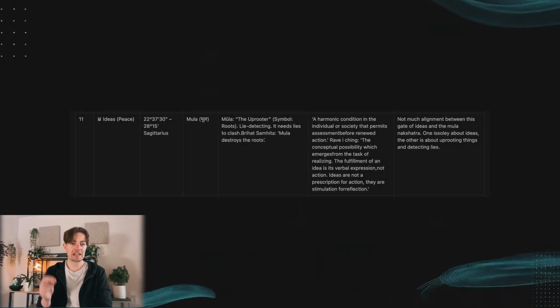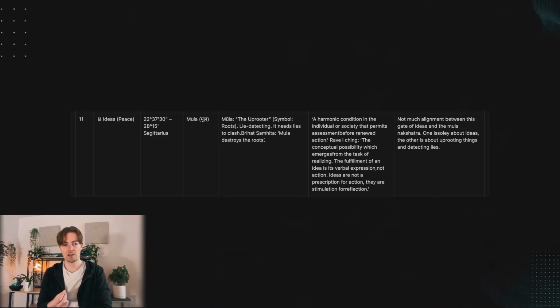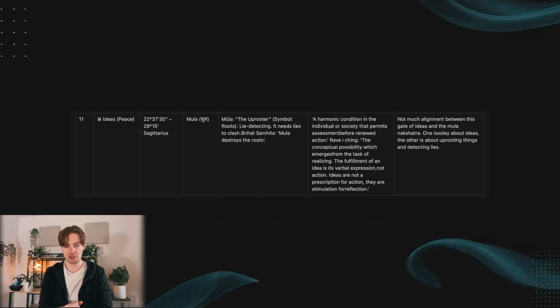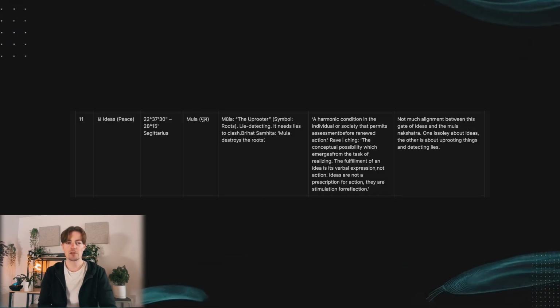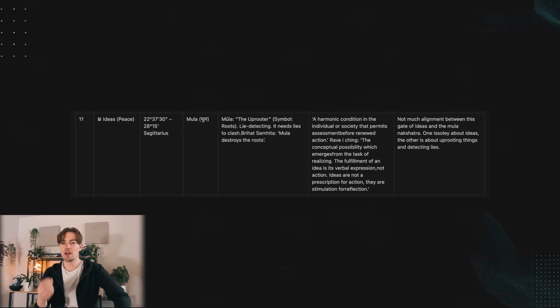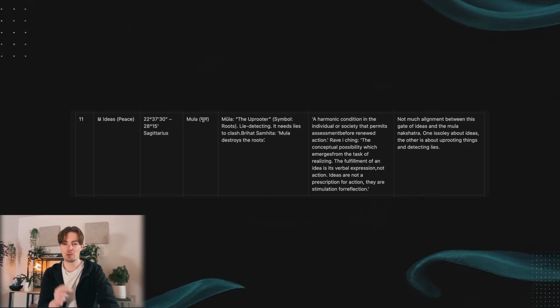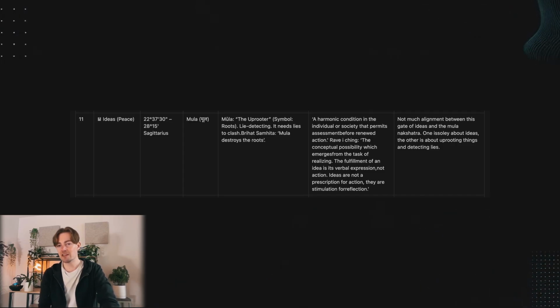Gate 11, the gate of ideas or the gate of peace, running from 22 Sagittarius to 28 Sagittarius. We're in the Mula Nakshatra, Mula being the uprooter. The notes for gate 11, the gate of peace, is a harmonic condition in the individual or society that permits assessment before renewed action. In the Revati Ching, it says the conceptual possibility which emerges from the task of realizing.